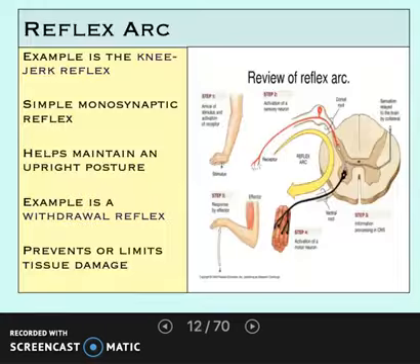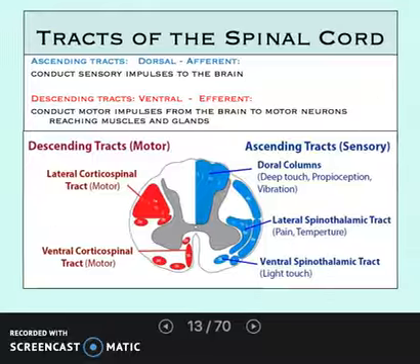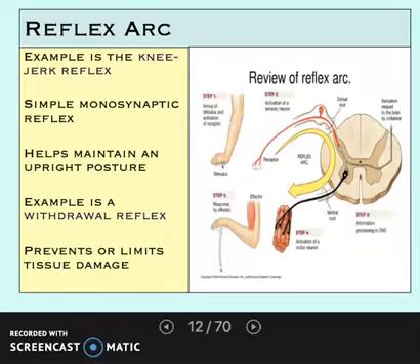So here's the knee-jerk reflex arc. Actually, it's not the knee-jerk reflex arc. This is a diagram of a response in the arm, but it'll be good enough. Remember, I take sensory information from the dorsal root ganglia. Ganglia is simply a collection of neurons, the dorsal root ganglion. So I have sensory information coming from here. In this case, I've got a pin sticking in somebody's hand.